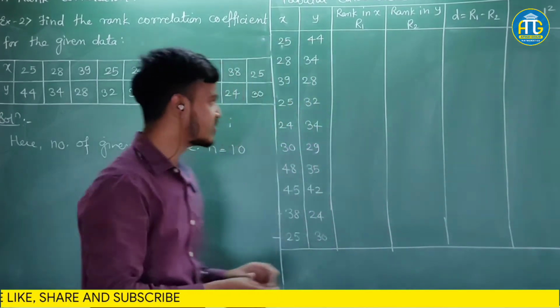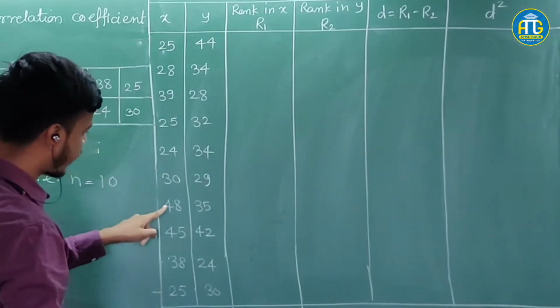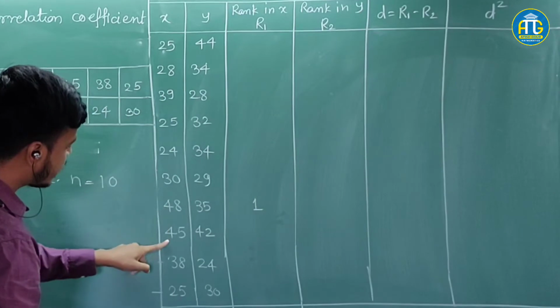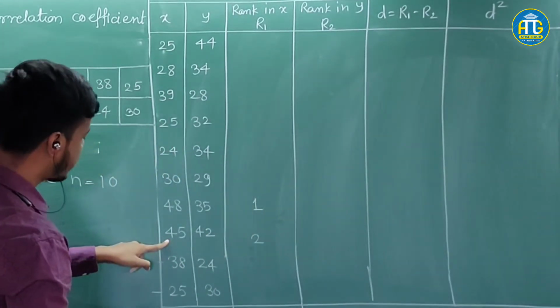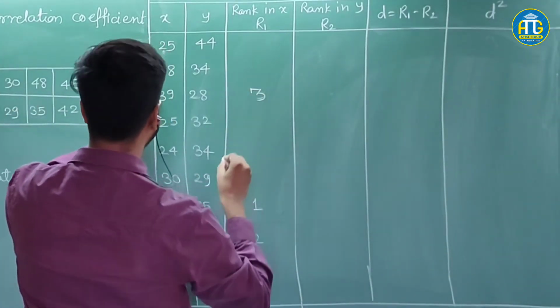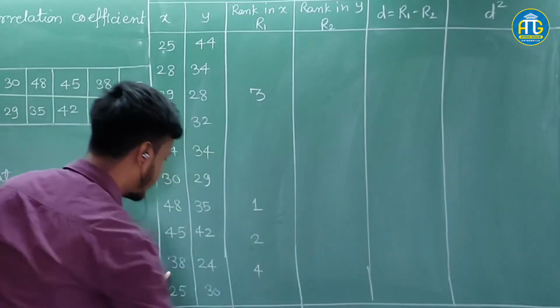So let us cross check. To assign the ranks in X, what is the largest number? 48. So I will assign it rank 1. Then the next one is 45, so it will get rank 2. After 48, we have 39, so it will get rank 3. Then we have 38, it will get rank 4.